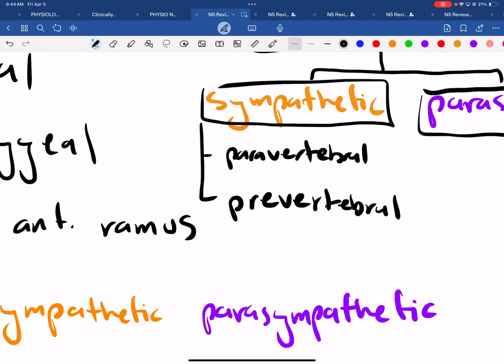And the other name for the, here, let me write the other names in parentheses. So paravertebral, that's also sympathetic chain ganglia. These ones are also called collateral ganglia.